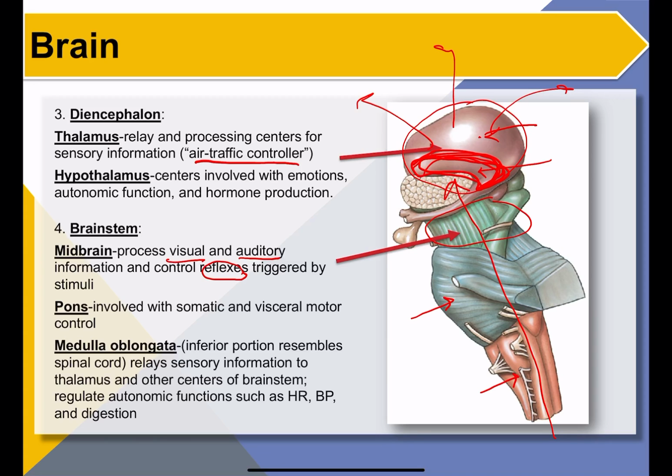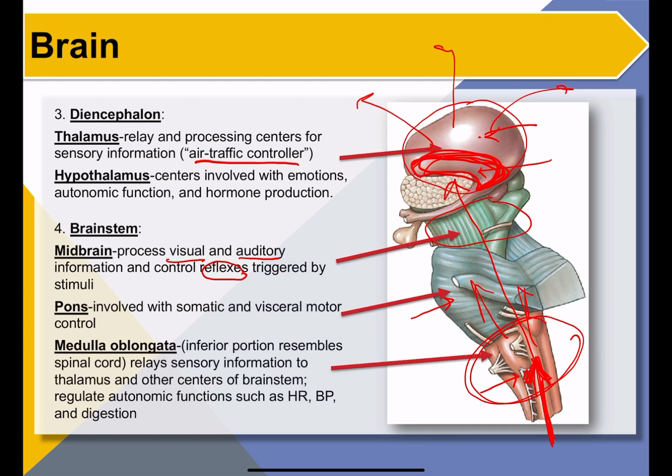And then the medulla oblongata is the first area of the brain where information coming in from the spinal cord will travel to. So it relays that information to the thalamus or other parts of the brainstem, because it is the first location that information traveling upwards from the spinal cord reaches, and then it can send it to other places or all the way up to the thalamus, and the thalamus will relay that information to the cerebrum.